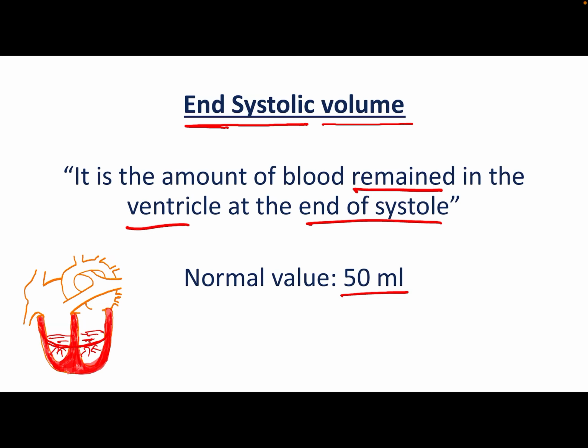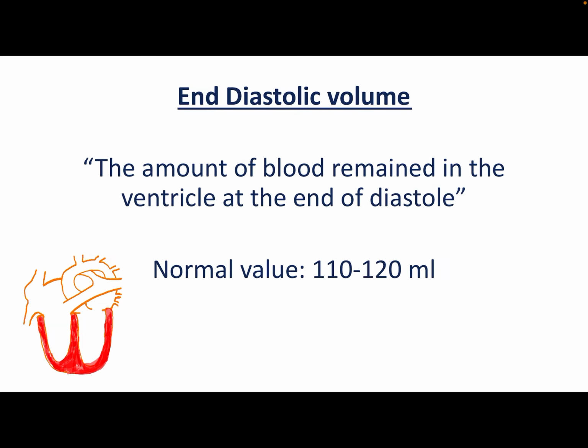Then end diastolic volume. It is the volume of blood which remains in the ventricle at the end of the diastole. Diastole is the relaxation phase, and the last phase is the last rapid filling phase.